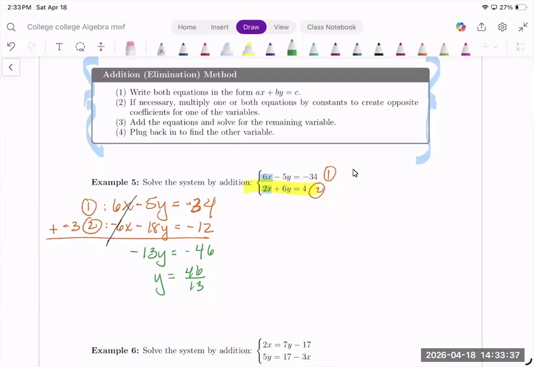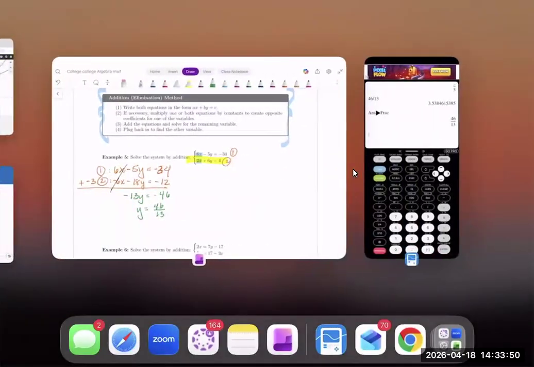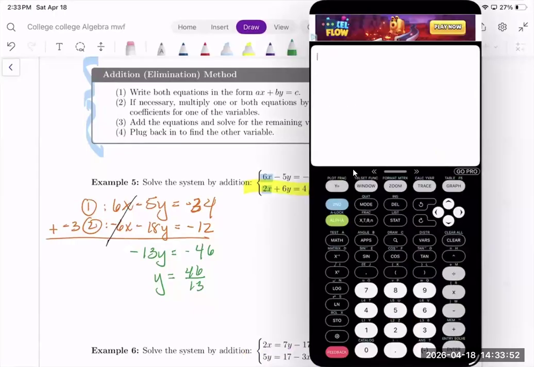Okay, so now that we have y, you just go back to either equation 1 or 2 and plug that back in. Oops, sorry. I just want to make sure that I'm not messing up again. Let's dot our I's and cross our T's. 23. Okay, yeah.